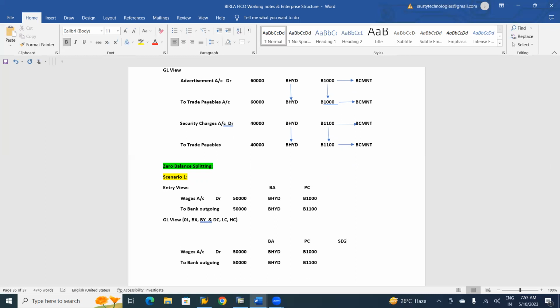So here it's a normal entry view. Here it will be split into two parts, for example, B cement.